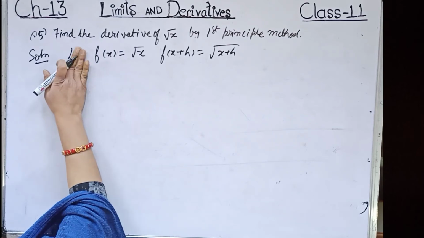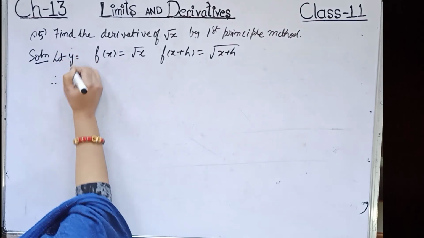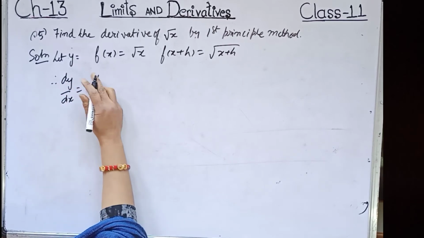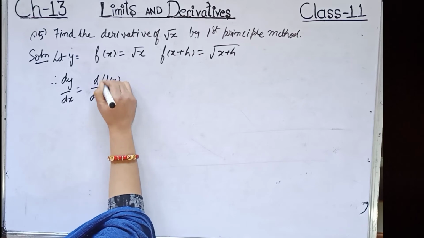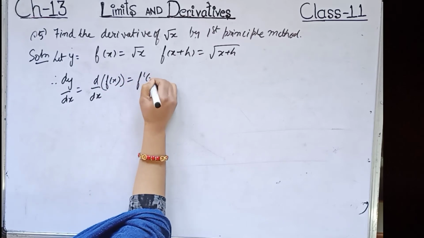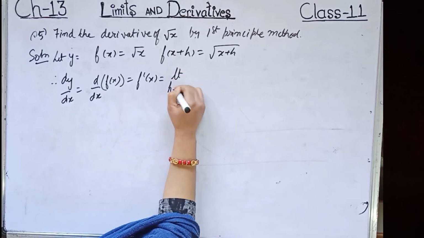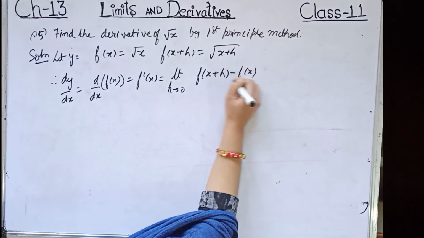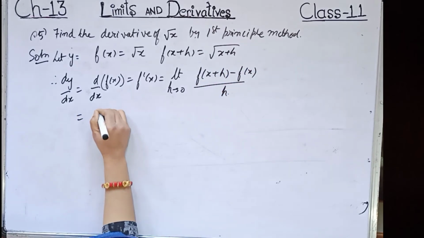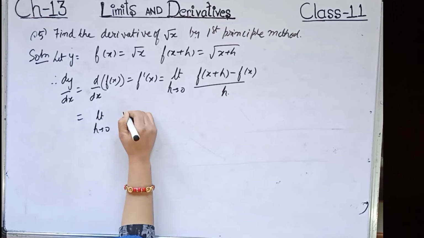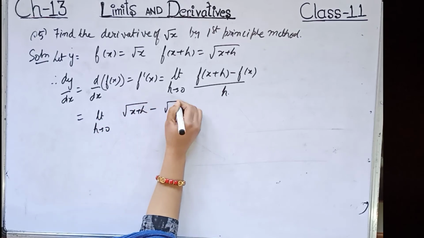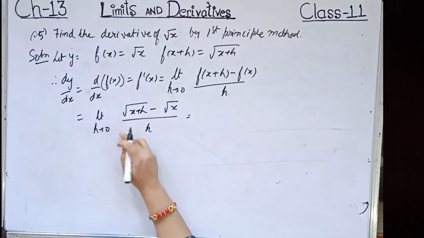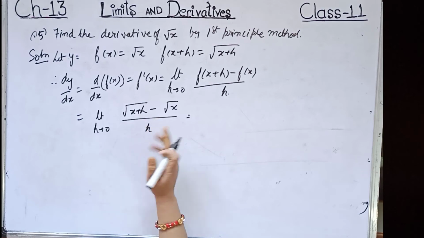Therefore dy by dx equals d by dx of f(x) equals f dash x equals limit h tending to 0 of f(x plus h) minus f(x) divided by h equals limit h tending to 0 of under root x plus h minus under root x, divided by h. Now see over here children, if I put h equals 0, then it will be coming in an undefined form.